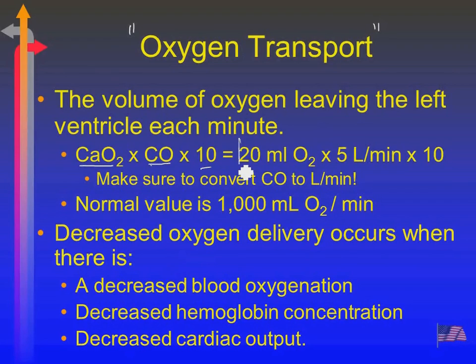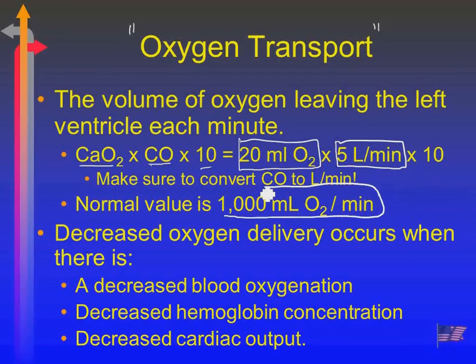So if my normal oxygen content is 20, my normal cardiac output is 5, 20 times 5 times 10, means that I have about 1,000 milliliters of oxygen being transported to the tissues every minute. That's the oxygen delivery or oxygen transport.